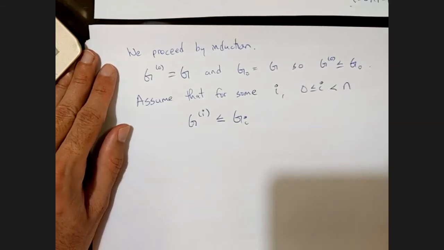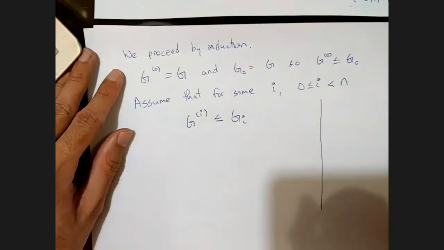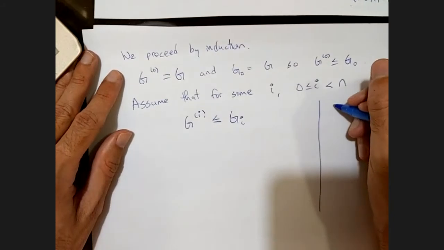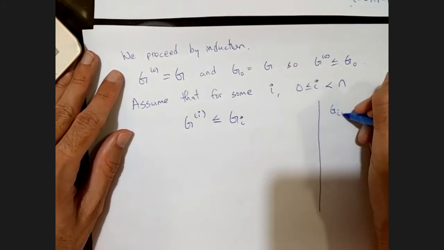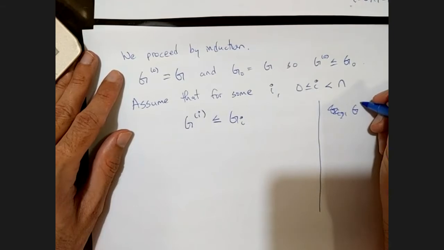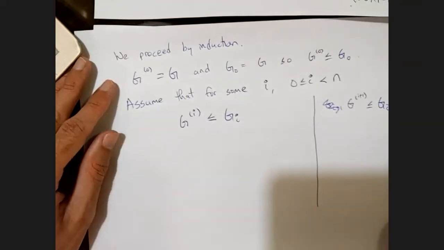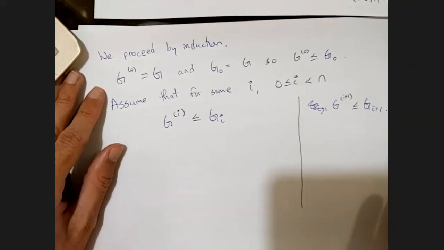So what do we do now? Well, what do we want to show? We want to show that the (i+1)th commutator is contained in G_{i+1}. That's what we want to show.